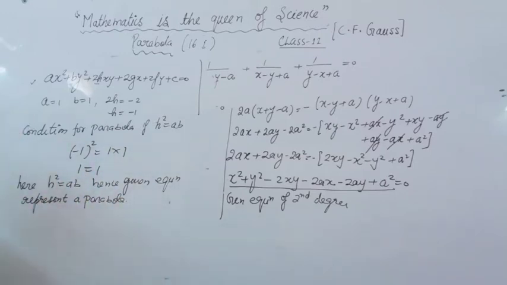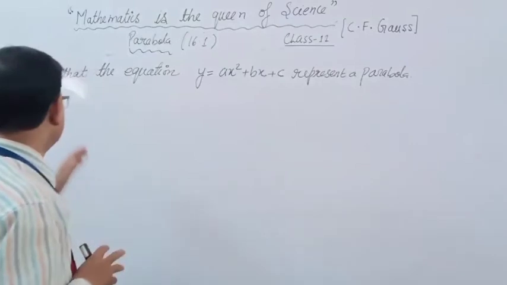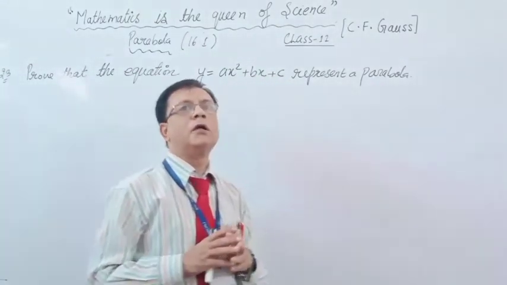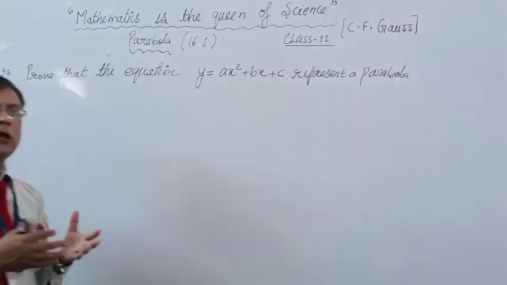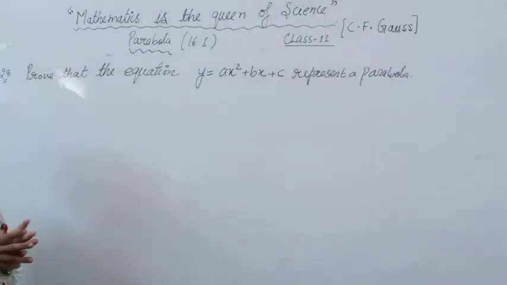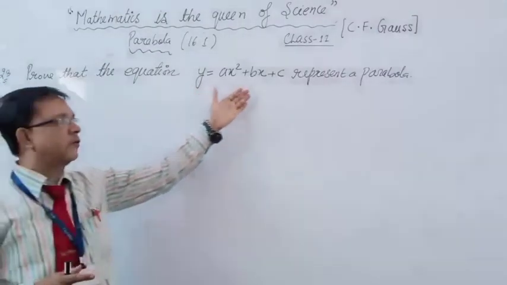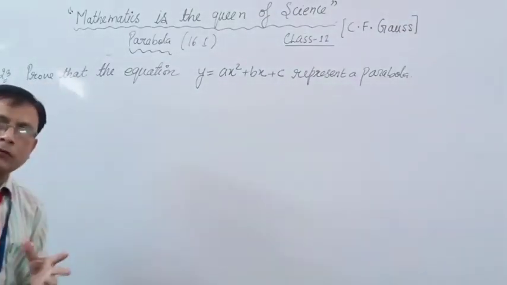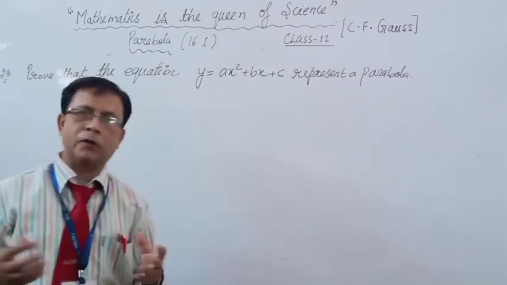So students, note this question and we will discuss another question. The question is: prove that this equation represents a parabola. In the previous question a different type of equation was given. Here a quadratic equation is already given and we are going to show that this equation represents a parabola.